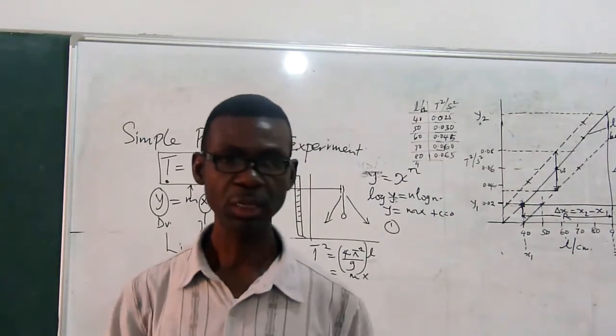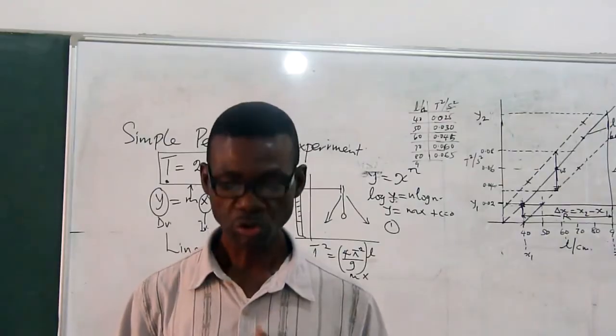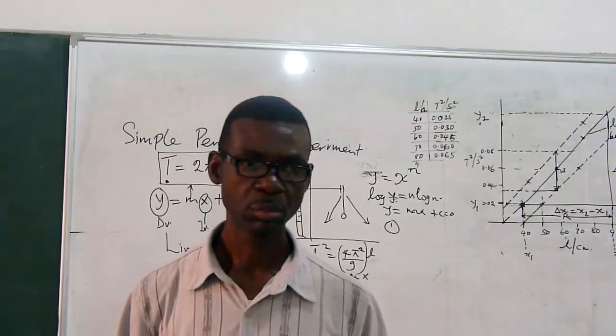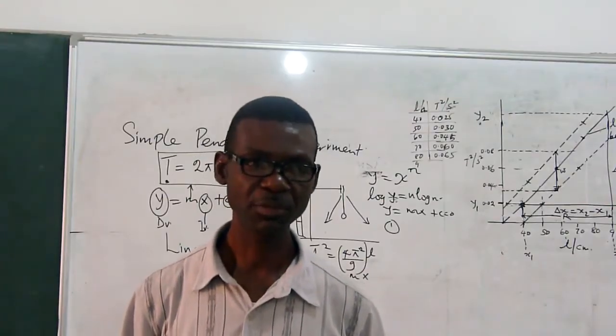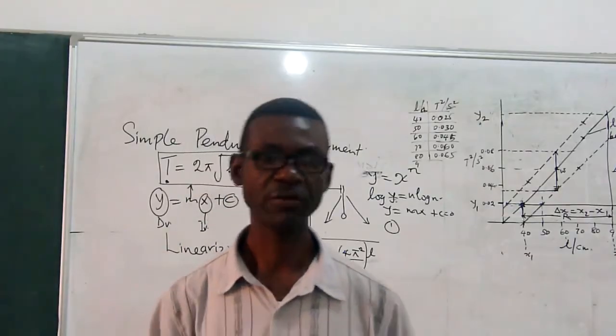That's what we call a composite table. Then, in some cases, you may not even have to have a table. There are some experiments, especially in optics, where we just take measurements, then we take the average.